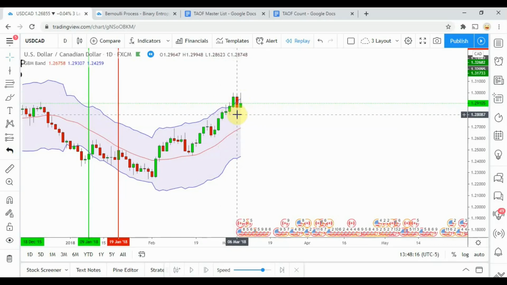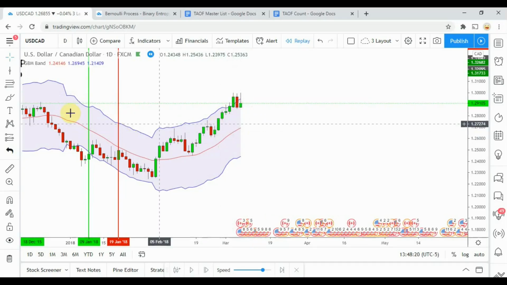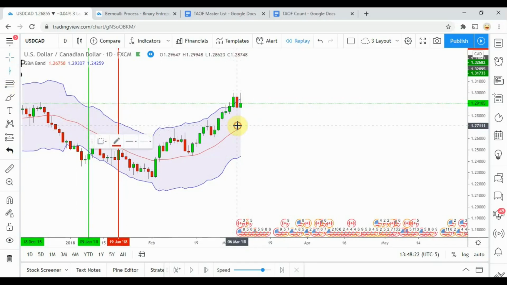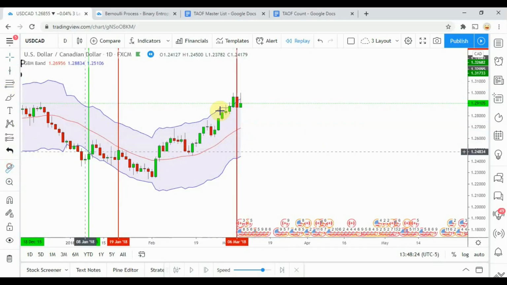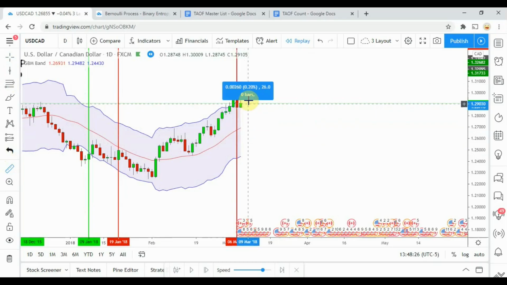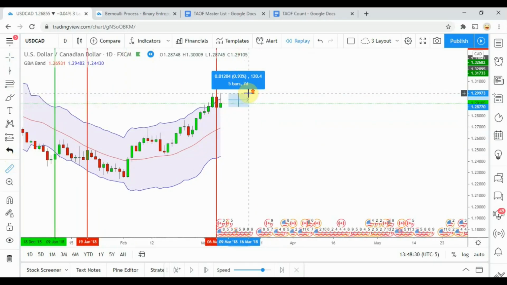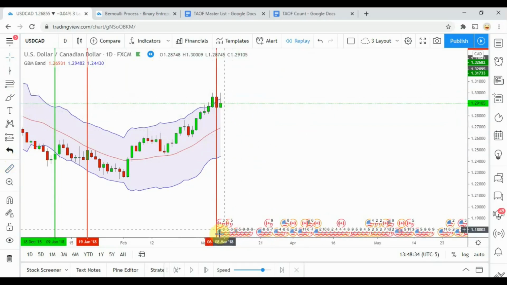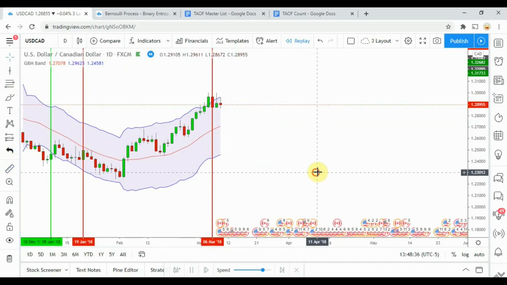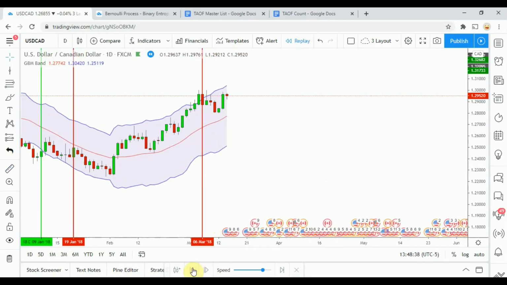It closes slightly below this big green candle right here. So that would have been our entry into the trade, looking for a reversal to the downside. 120 pips up here, we would have gotten stopped out. So unfortunately that would not have worked out for us.